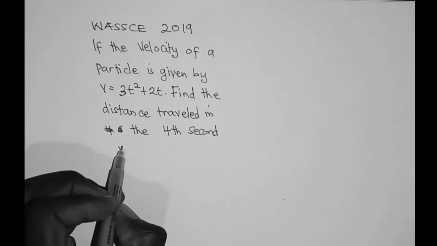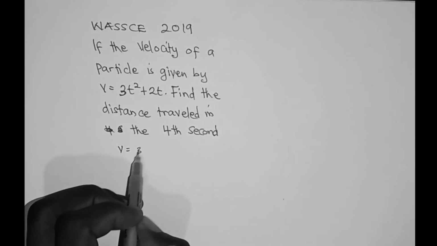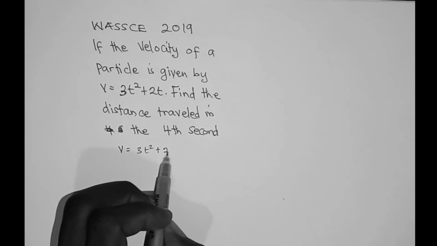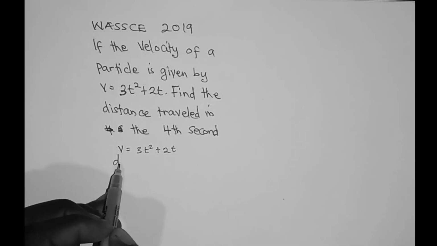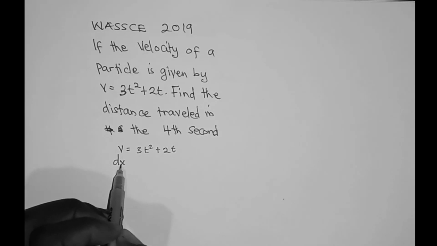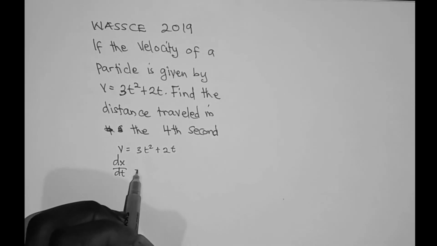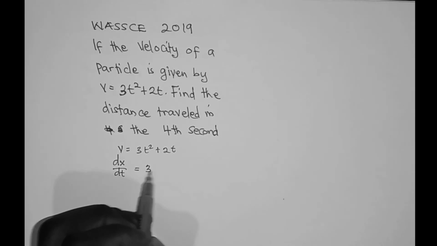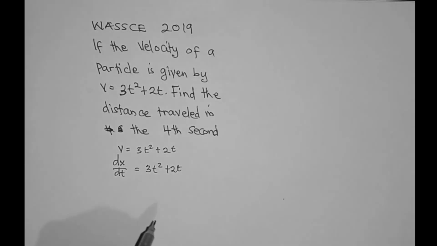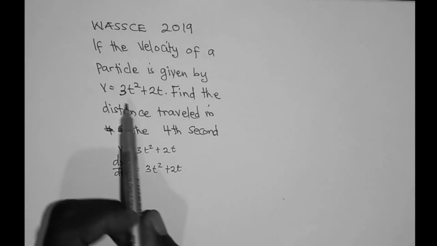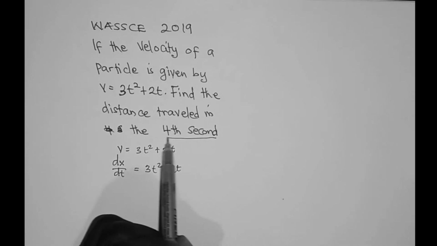So velocity v is equal to 3t squared plus 2t. So v is also the same as dx/dt, and that is equal to 3t squared plus 2t. However, the question says the distance traveled in the fourth second.